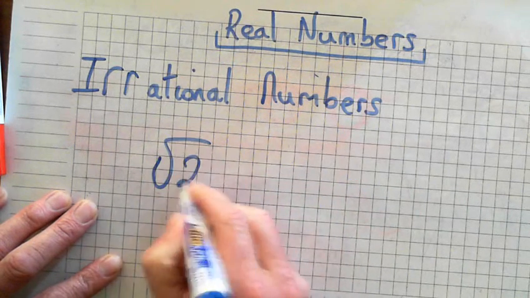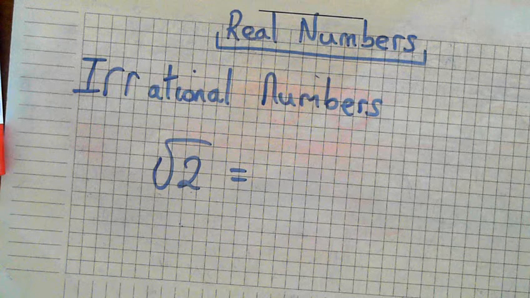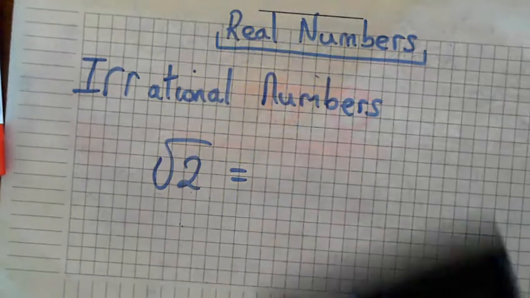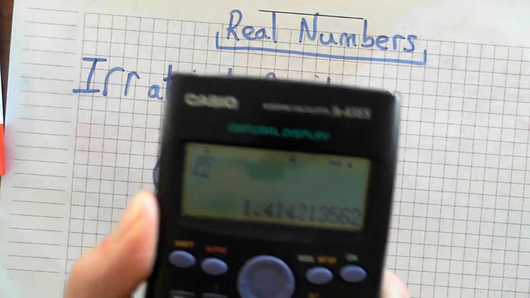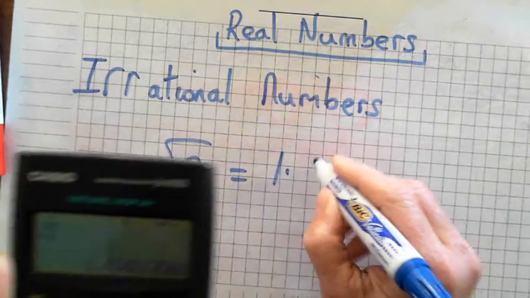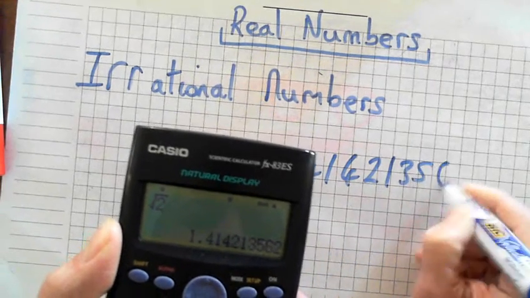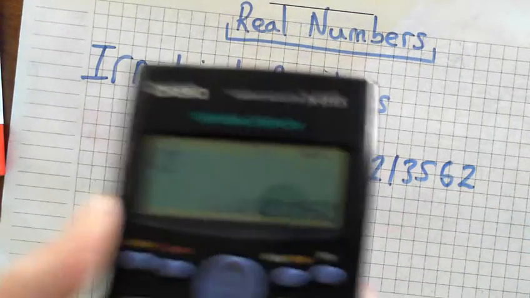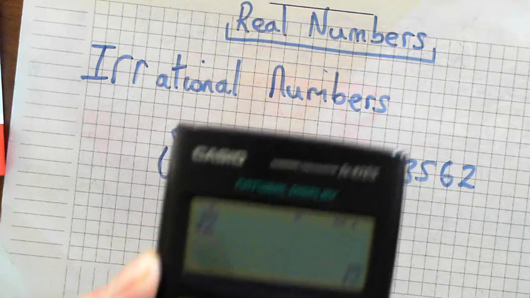So let's say the square root of 2. If you get the square root of 2 on your calculator, it is 1.4142135562. Now, if I press SD, it can't be written as a fraction.